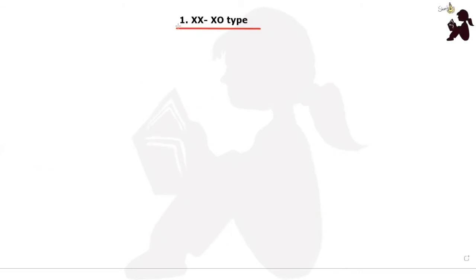Firstly, we will discuss the XX-XO type of sex determination, where the female individual is XX, or it is also known as homomorphic.